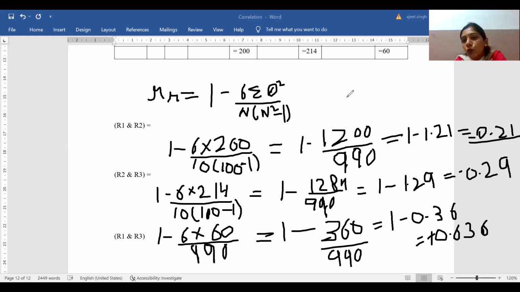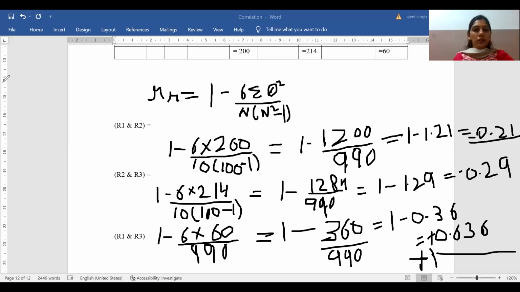There is a negative correlation. The judgment of judge 1 and 3 is a positive correlation, 0.636, which is also near to 1.